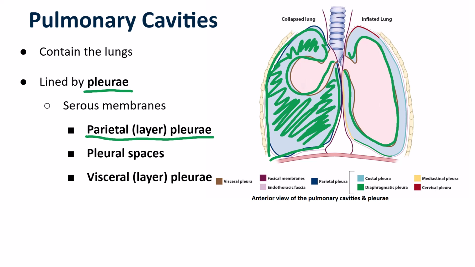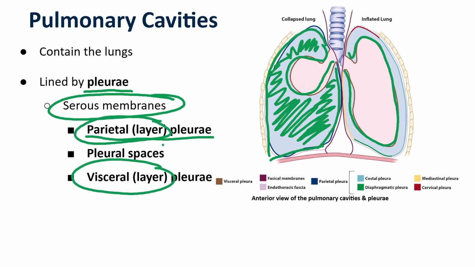And this is going to be a concept that we see repeated time and time again, not just with the pulmonary cavity, but with the pericardium as well. So serous membranes have three distinct components. There is a parietal layer, a visceral layer, and between them, a space. And we can modify the names depending on the context.